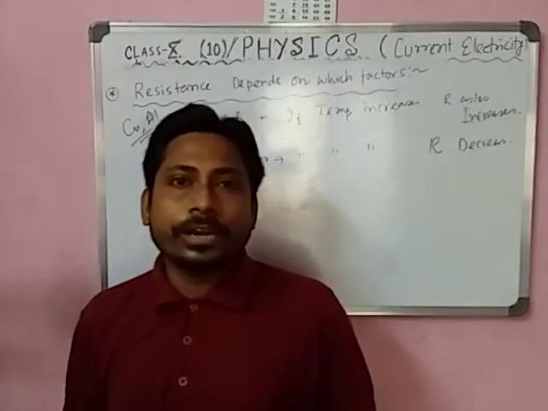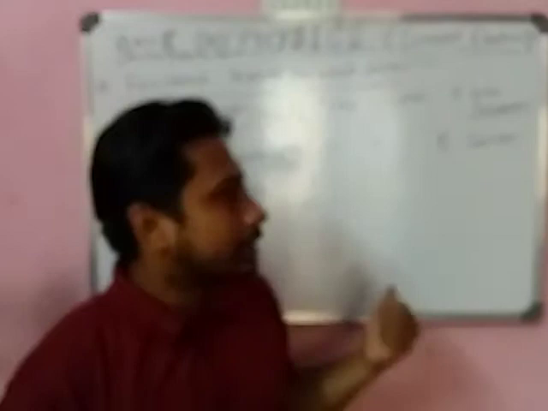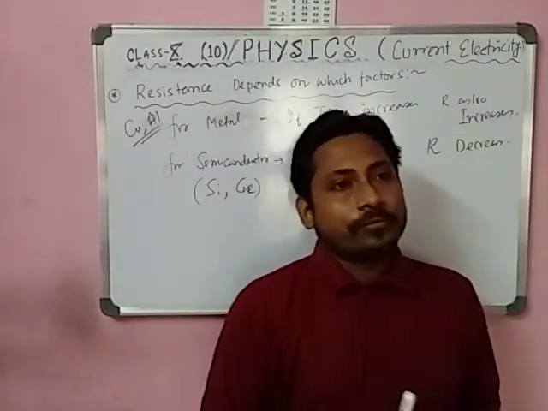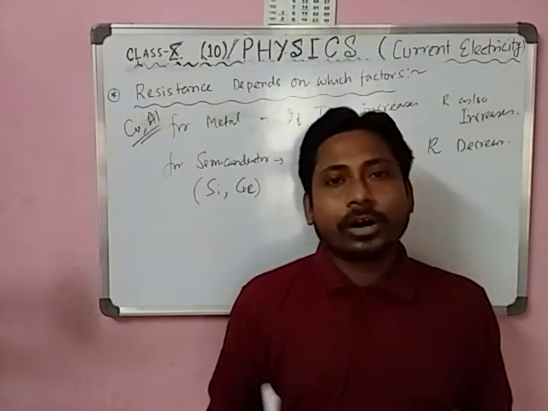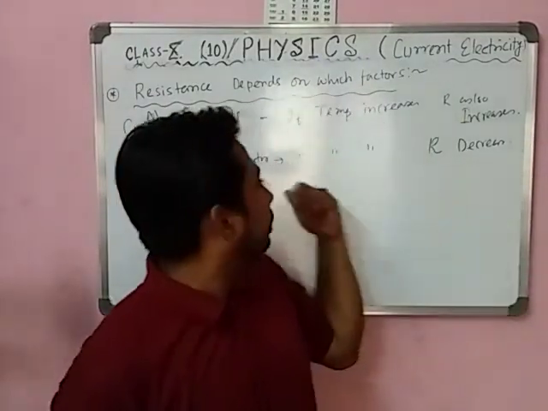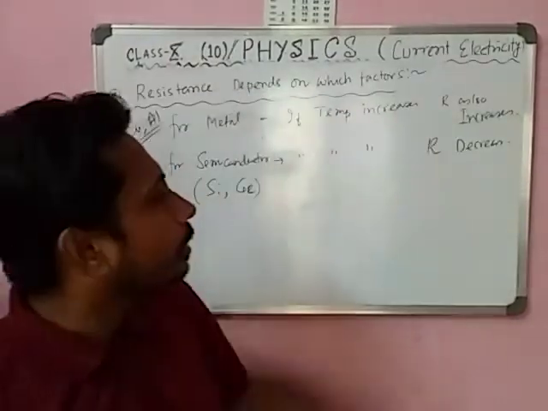That's why resistance also depends on the material. For bad conductors or semiconductors, resistance is very high at room temperature, but if temperature increases, free electrons are generated and they provide the current.